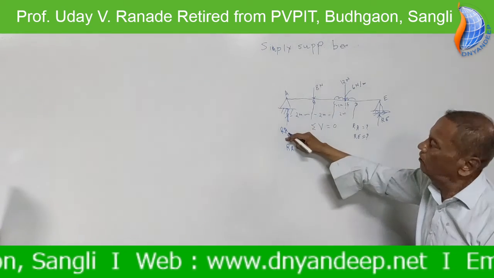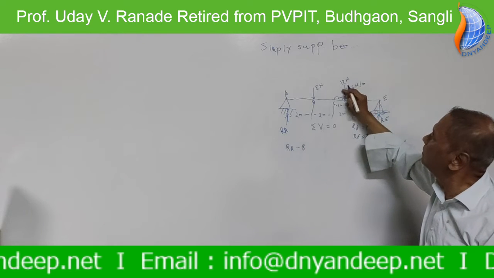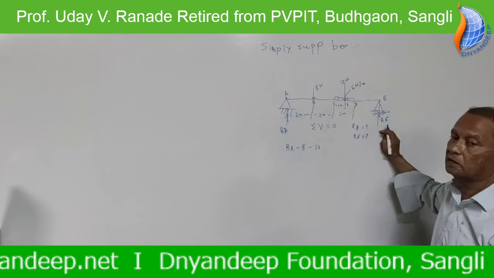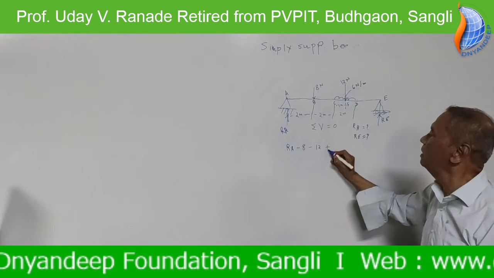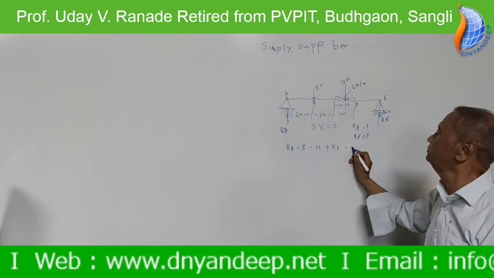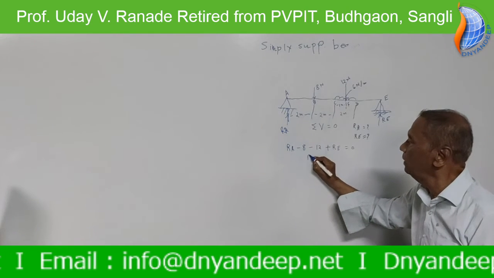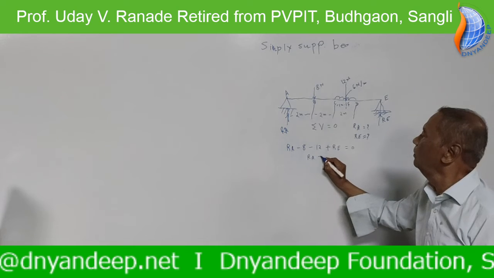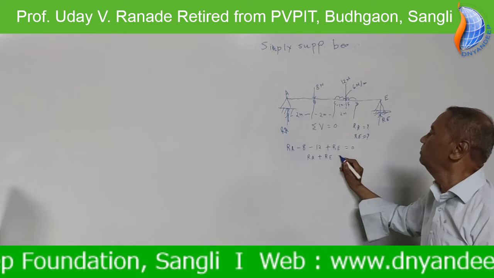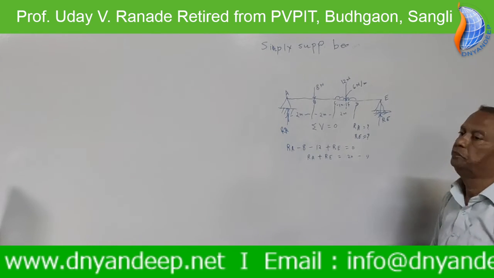We have considered upward positive, downward negative. Now what is this? Minus 12. What is RE? Upward, plus RE equal to 0. Or in simple words, RA plus RE equal to 20. This is one equation.